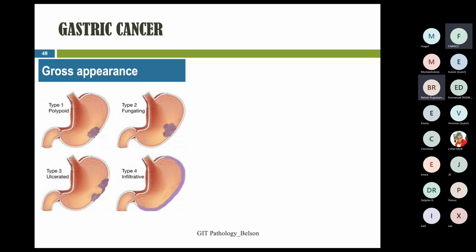So gafite digitations, ubona ko ari very irregular. It can be ulcerated like here in C, or it can be infiltrative. Ya diffuse carcinoma twavugaga. It just infiltrates through the wall. You don't see anything on the mucosa or on the serosa. So these are the 4 appearances of the gastric tumors, but also any other tumors also they have this.